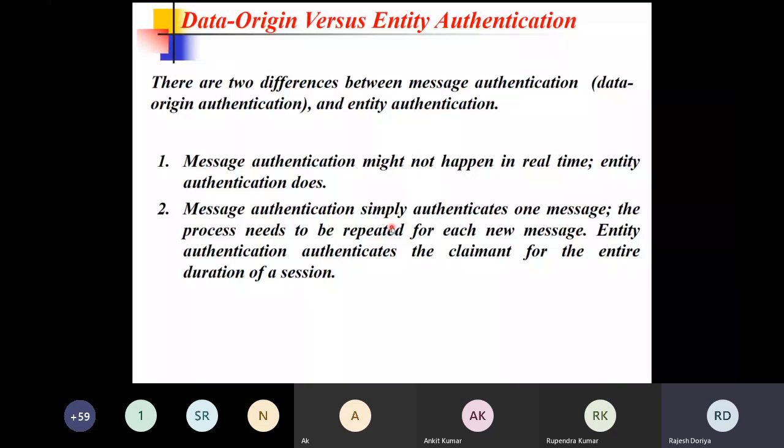The same is not true for entity authentication. Here we prove our identity for a session. As long as we are in the session, we do not need to prove our identity again and again. It will remain activated for the whole duration of the session. This is the other difference between these two.